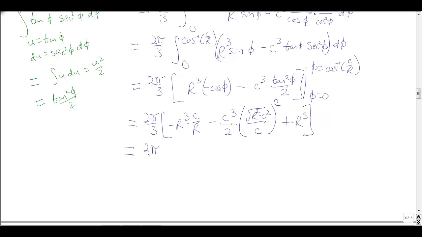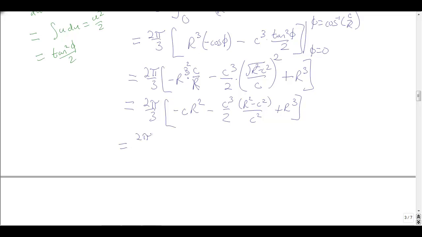So I get 2 pi over 3. I can get a negative c times r squared. So for the r cubed, I cancel one of these r's with the r in the bottom. I get a c r cubed. I'm going to get a minus c cubed over 2. When I square this, I get r squared minus c squared over c squared, plus r cubed.